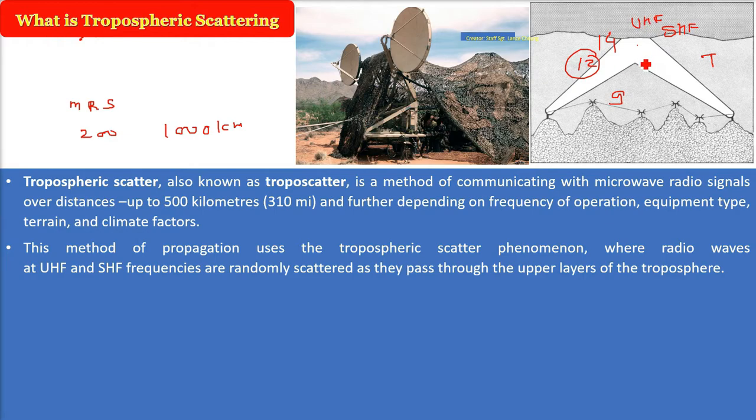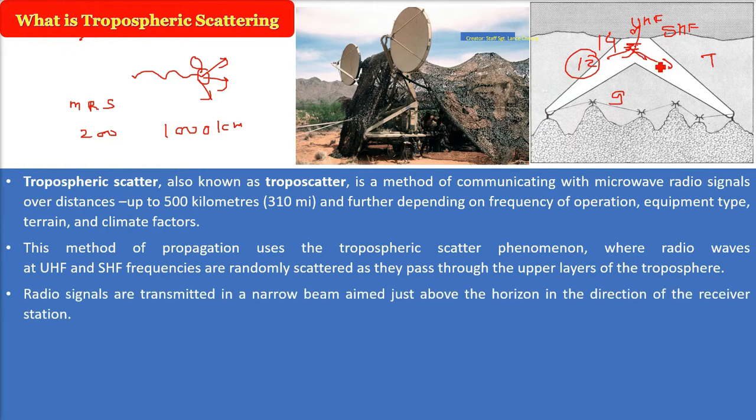Some of those directions can be toward the receiving antenna, where radio waves, as I said, UHF and SHF frequencies, are randomly scattered as they pass through the upper layers of the troposphere. The particles spread in all directions because of the order of the size of the particle.